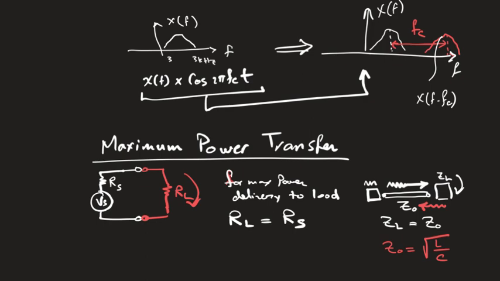When you are designing RF systems, you have to keep in mind that these systems are composed of different elements, each one of them cascaded to the other. Maybe at some point you will also have a cable, and then eventually you will reach something like your antenna.